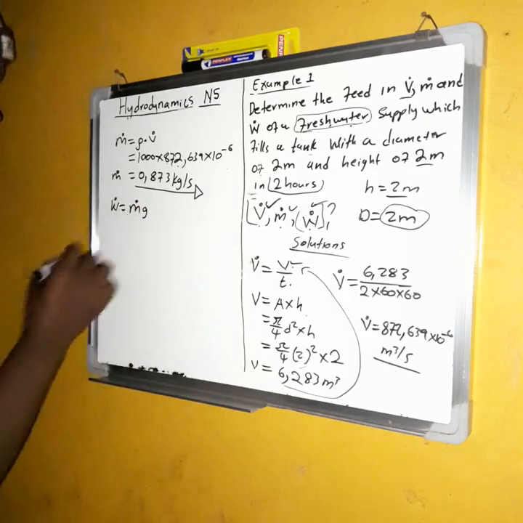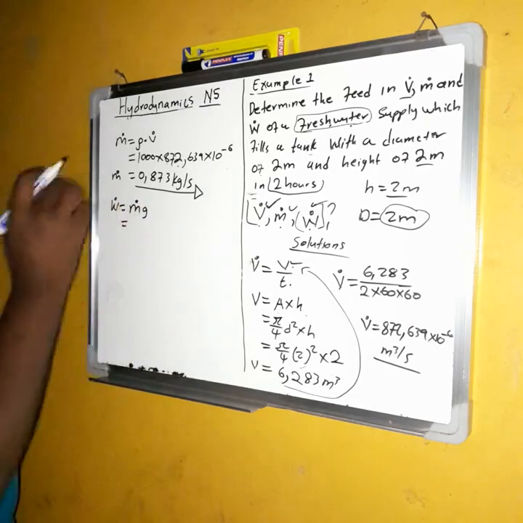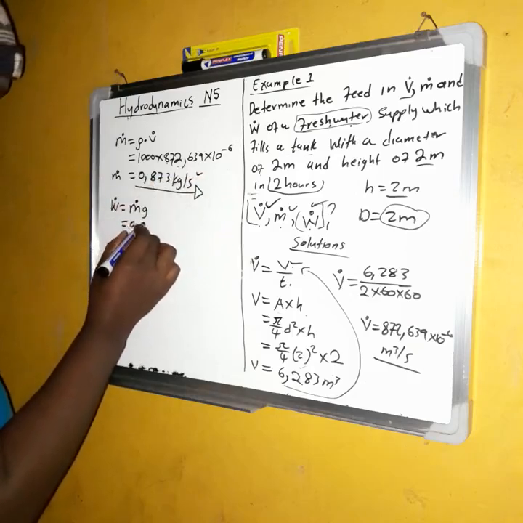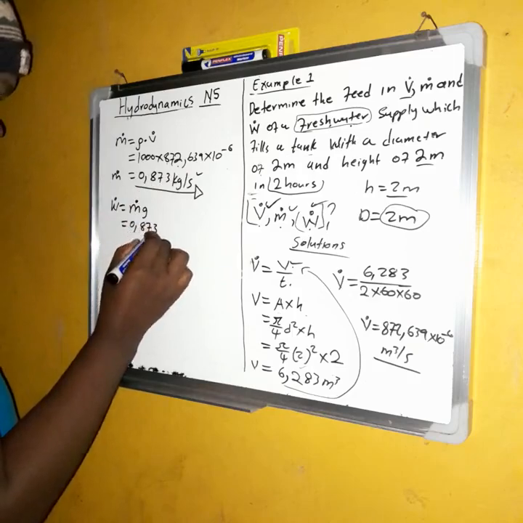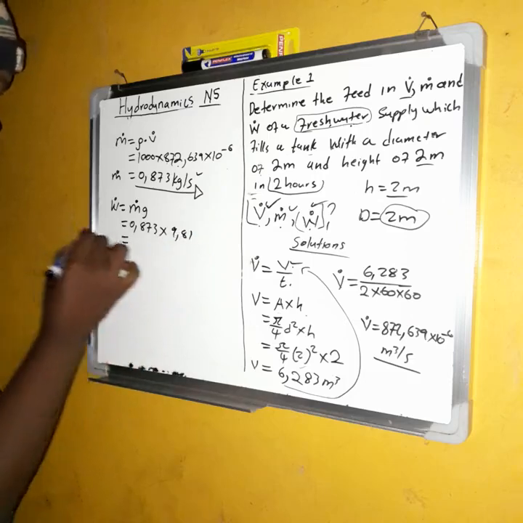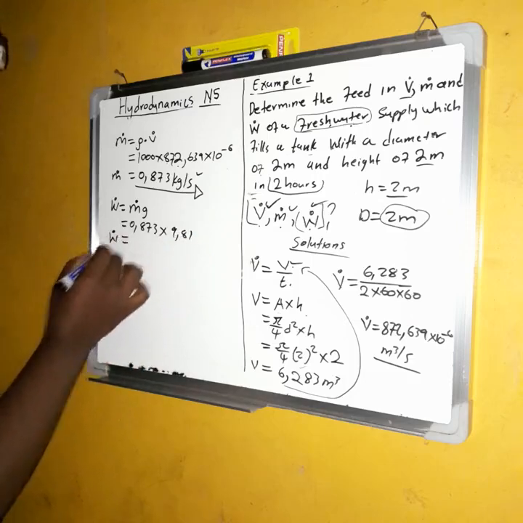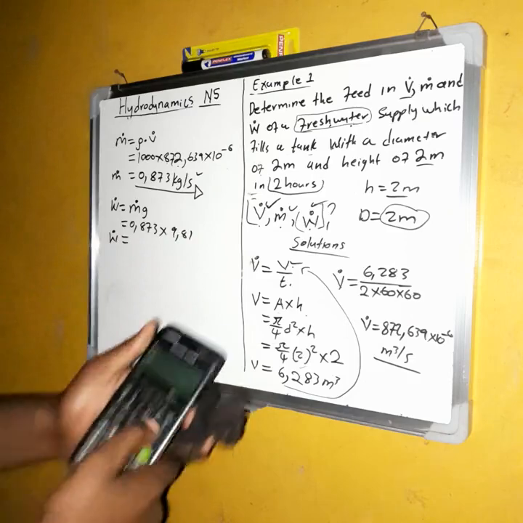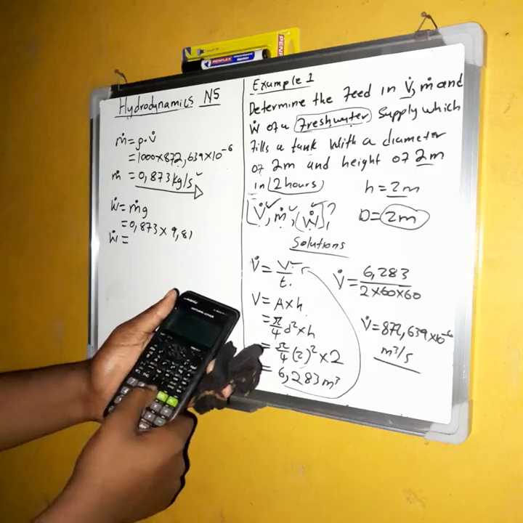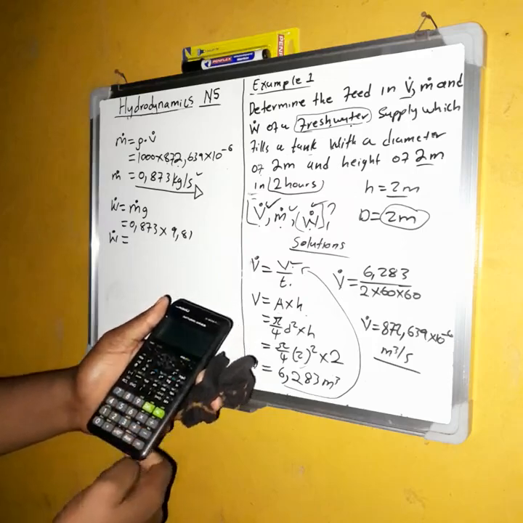We must have a mass flow. The mass flow is this. We've calculated 0.873 multiplied by 9.81.